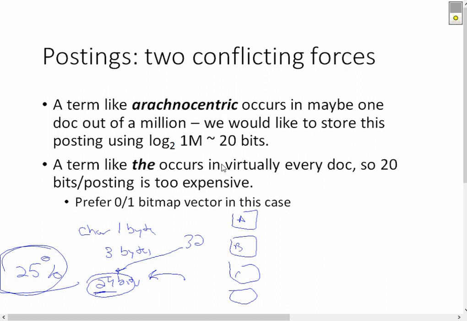In fact, a lot of what we're going to do as professionals working with information retrieval systems is come up with more sophisticated ways of doing more with less, trading off computational capability, which is fast, for disk, which is slow, and things of that nature.